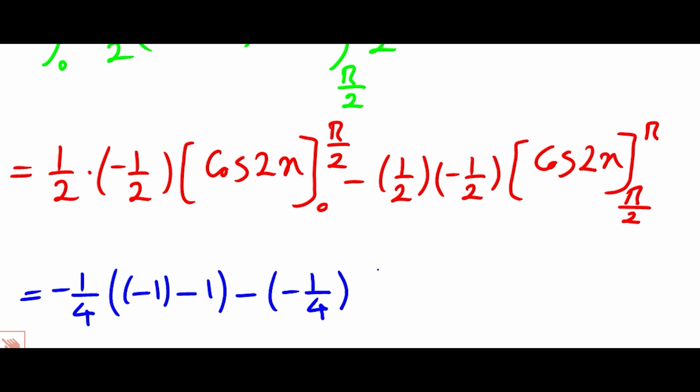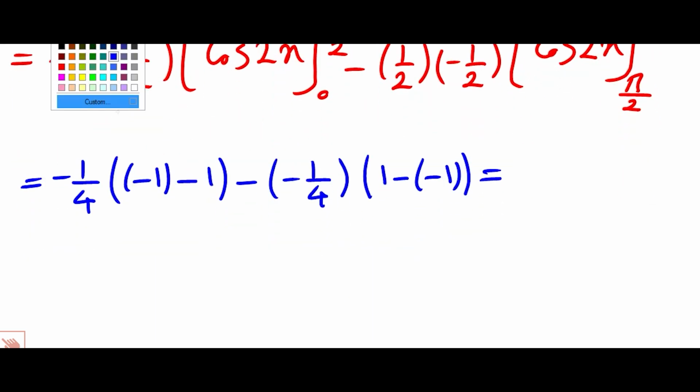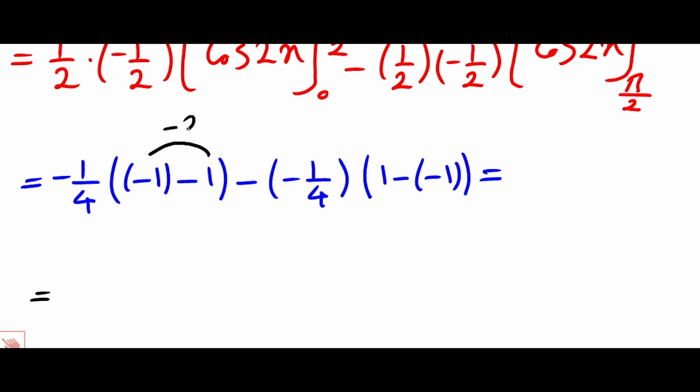Minus 1/2 times negative 1/2 is negative 1 over 4 times cosine of 2 pi, which is 1, minus cosine of 2 times pi over 2. 2 times pi over 2 is pi. So cosine of pi is negative 1, right? So negative 1 minus 1 is negative 2.